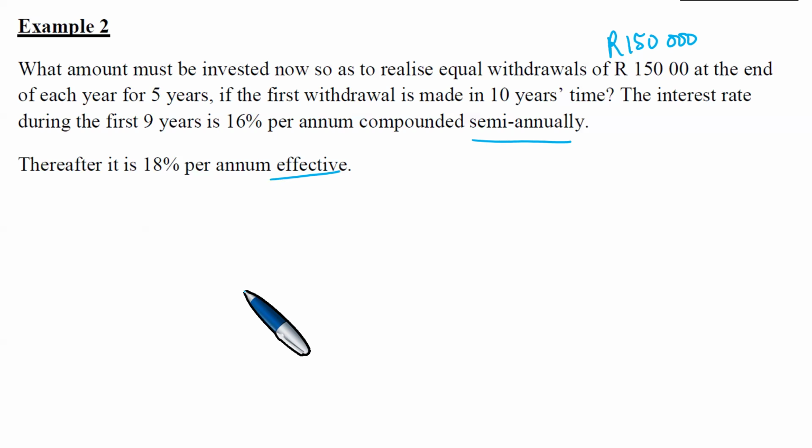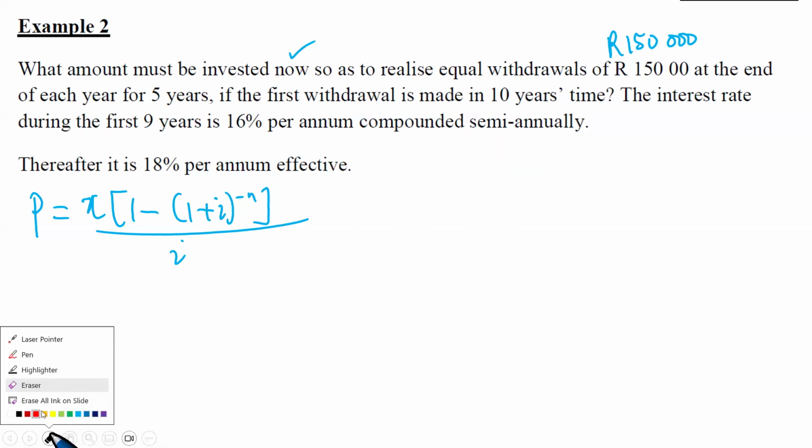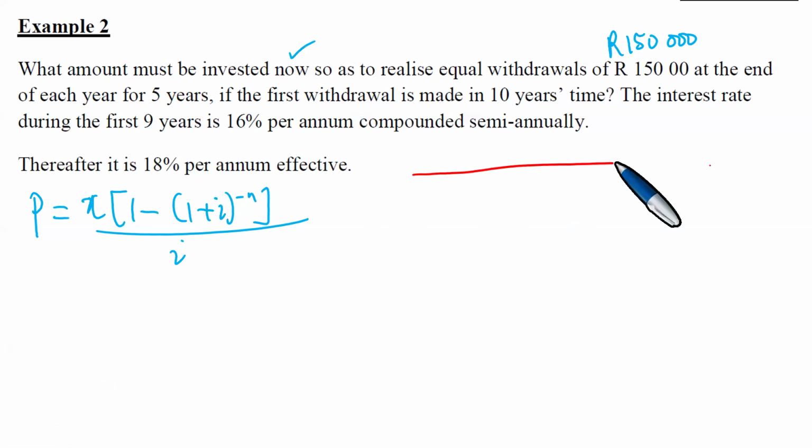Now, the couple of things you need to take into account. Because the question is what amount must be invested now, we're going to use the present value formula: X, which is 1 minus (1 plus I) to the minus n, divided by I. Meaning, I'm going to have T0, T1, T2.